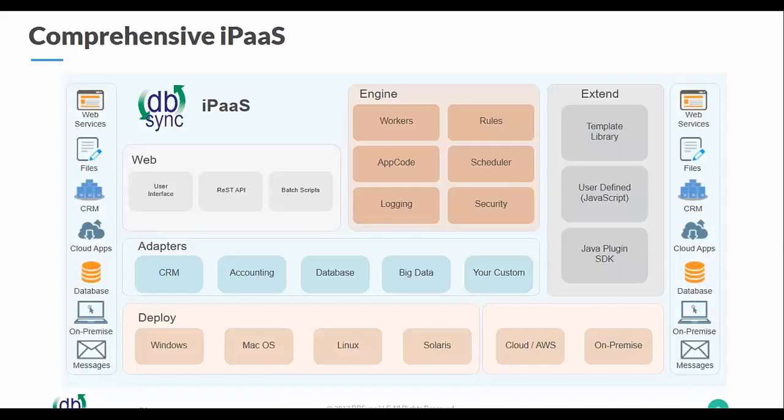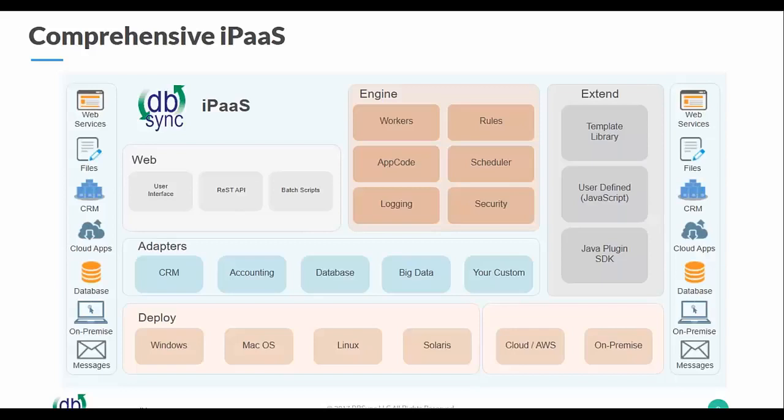But say, for instance, you do not have the application that you're looking to integrate, or it might be an internal application you want to integrate your accounting with, you can build that particular connector for your internal app or any custom app that you're currently using with the DBSync engine, and integrate with your accounting or ERP application of choice.